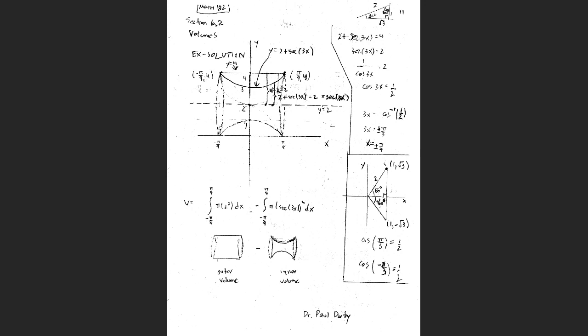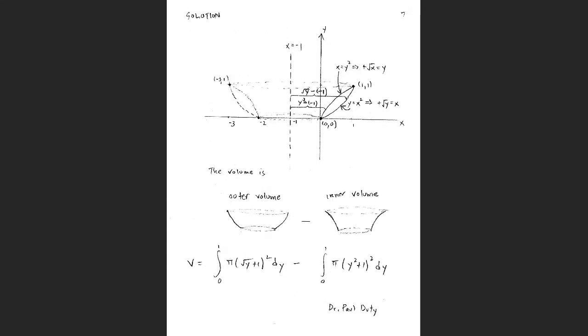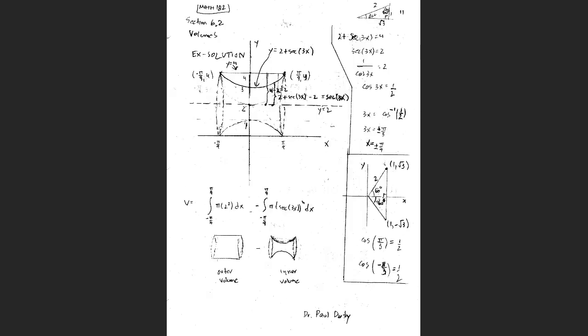But like in the previous problem, if you rotate about a vertical line, then cross-sectional areas are functions of y. As y changes, the cross-sectional area changes. But on that note, let's go ahead and finish up this problem.